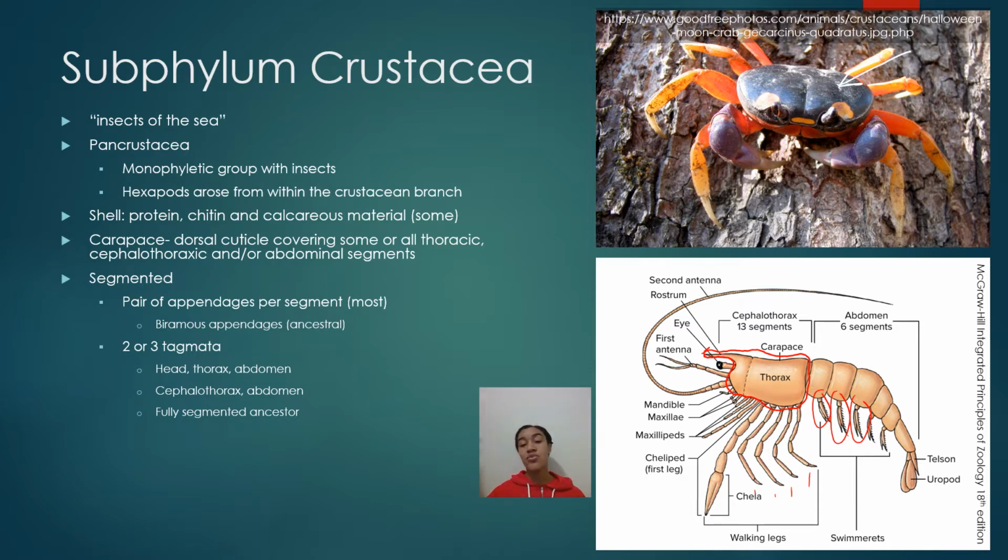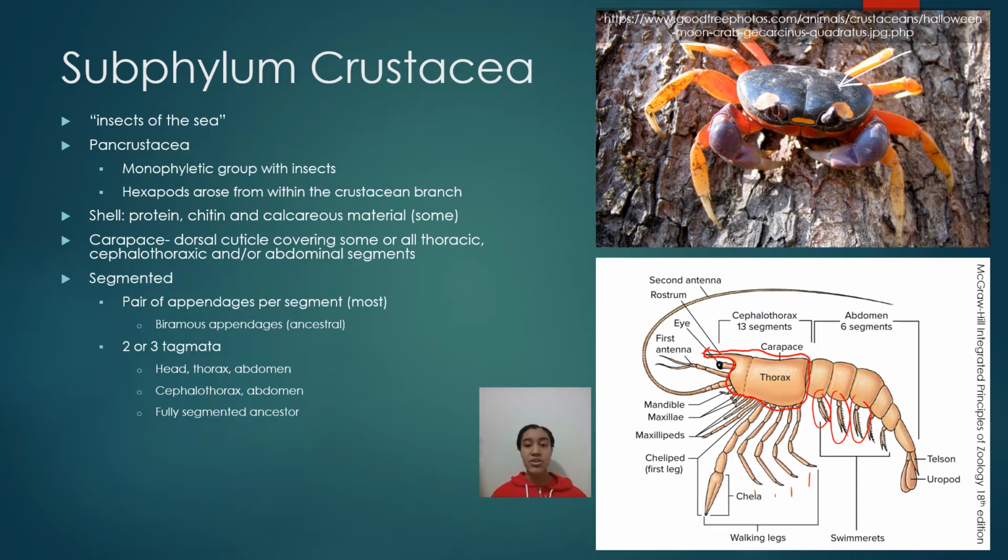In the ancestral form, all of these appendages would have been biramous. Some crustaceans have since lost their biramous appendages and instead have uniramous appendages, but the common ancestor of all crustaceans would have had biramous appendages on all of their segmentation, and they would have been fully segmented.